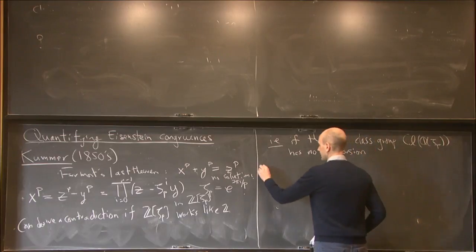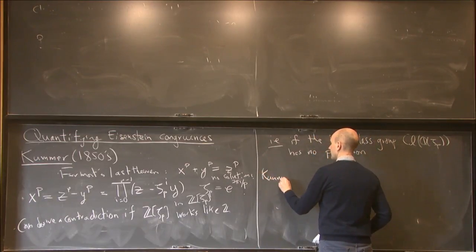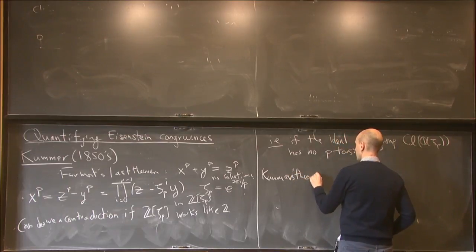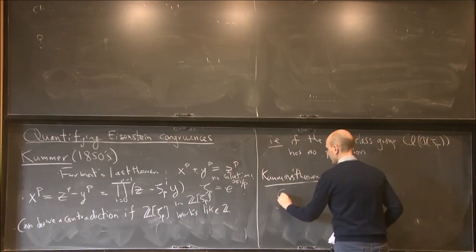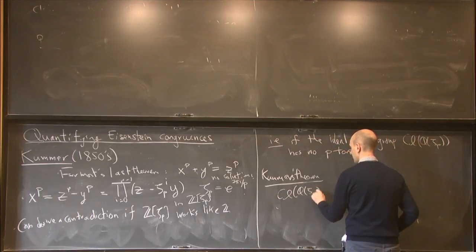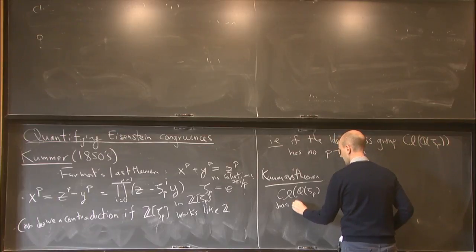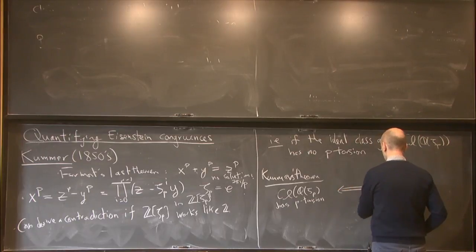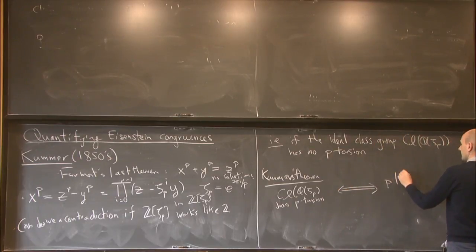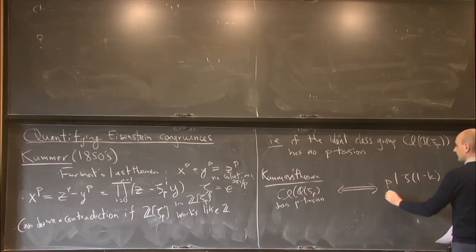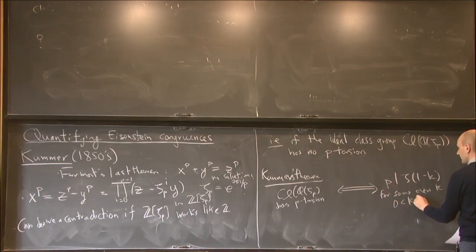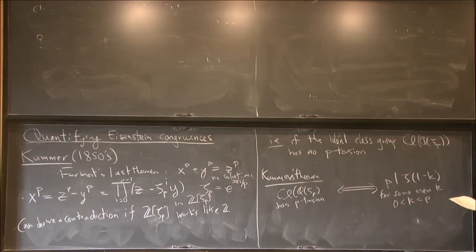So what Kummer proved, Kummer's theorem, is that this class group has p torsion if and only if p divides zeta of 1 minus k for some even k between 0 and p, something like that.